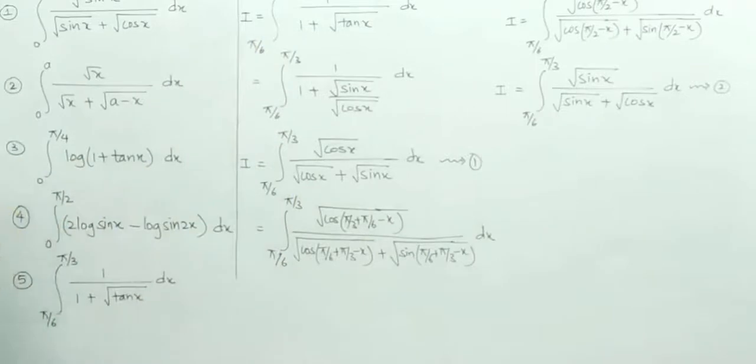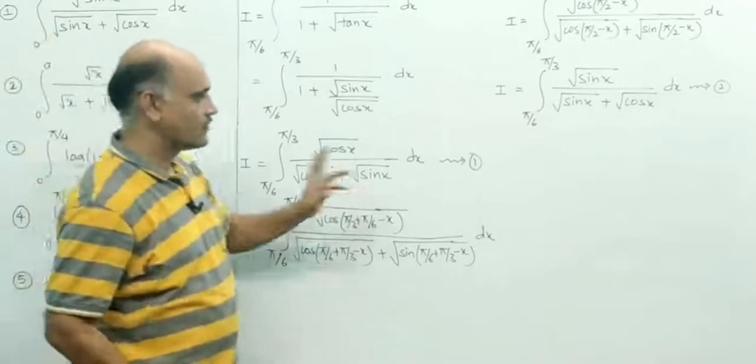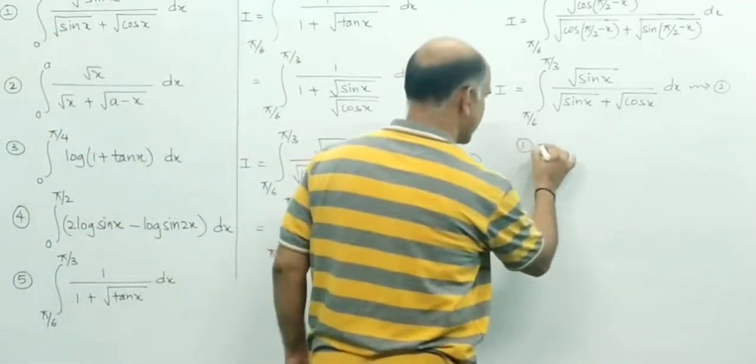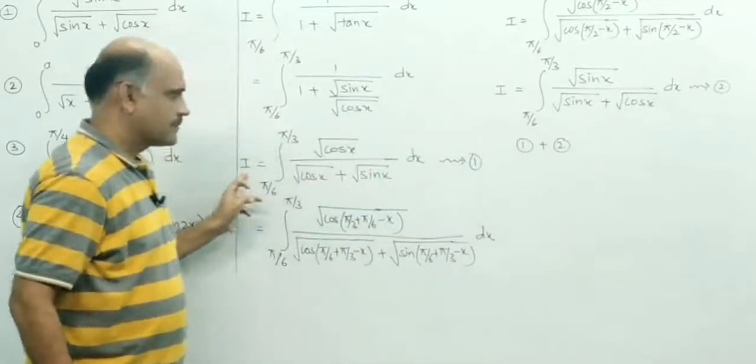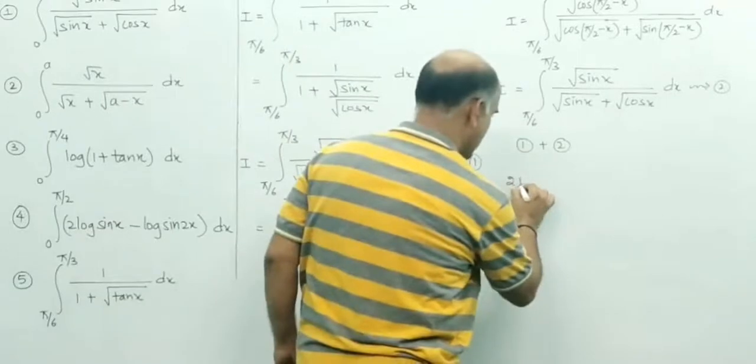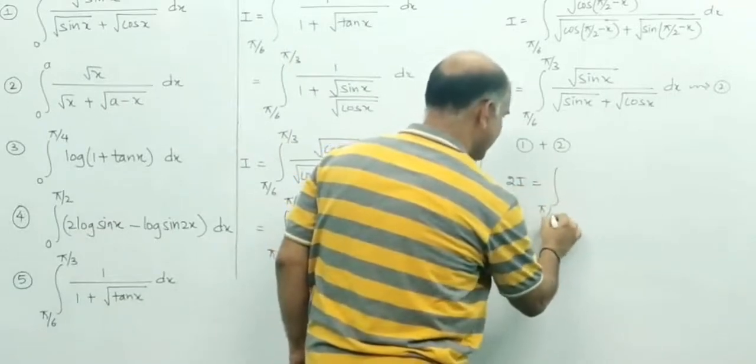Now students, you can add both. If you add both, if you observe 1 and 2, the denominator is the same. So when you add the numerators, the numerator and denominator get cancelled. So now if I take 1 plus 2, I becomes 2I is equal to the integral from pi by 6 to pi by 3.